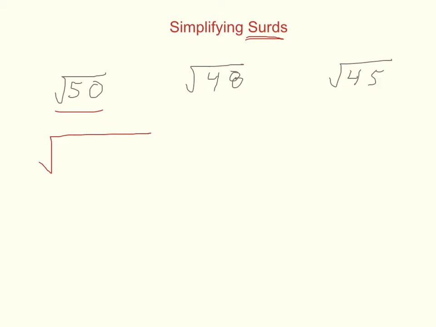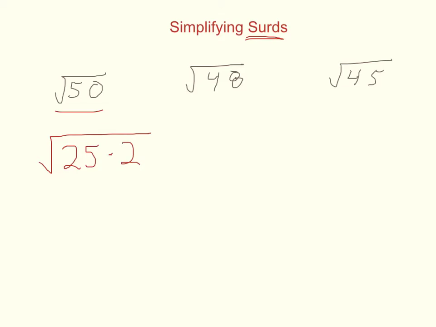So 1 squared is 1, 2 squared is 4, 3 squared is 9, 4 squared is 16, and so on. If you look at 50, we have to think what could be a factor of 50 that is also a perfect square, and that's going to be 25. So 50 can be re-represented as 25 times 2.